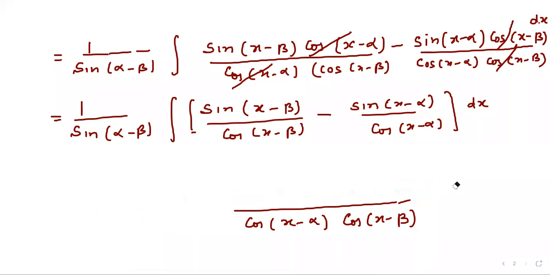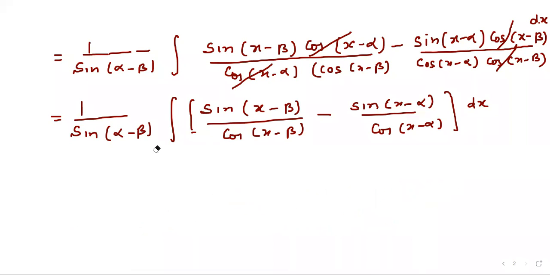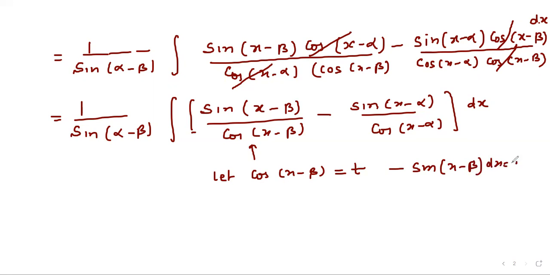If we take the denominator equal to t, it's a differentiation of the denominator in the numerator. So first, let cos x minus beta equal to t, we differentiate it. So we get minus sine x minus beta times dx will be dt.